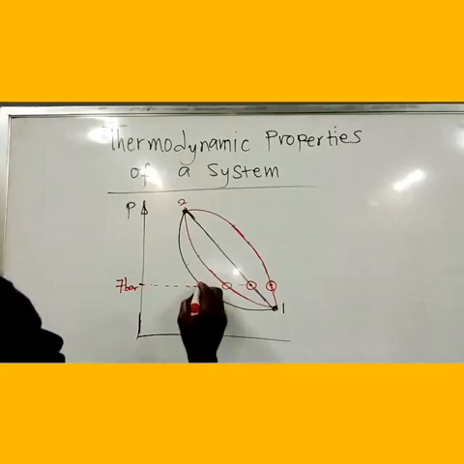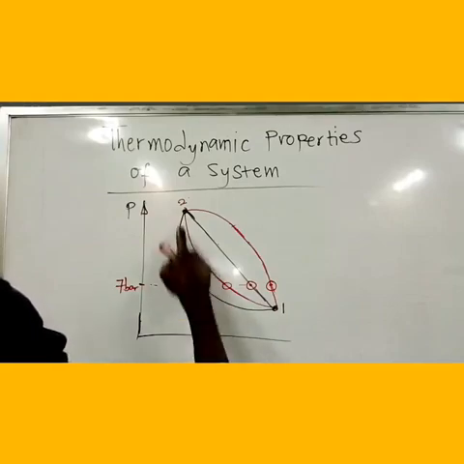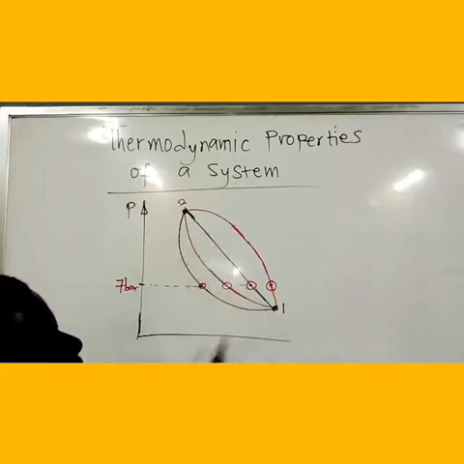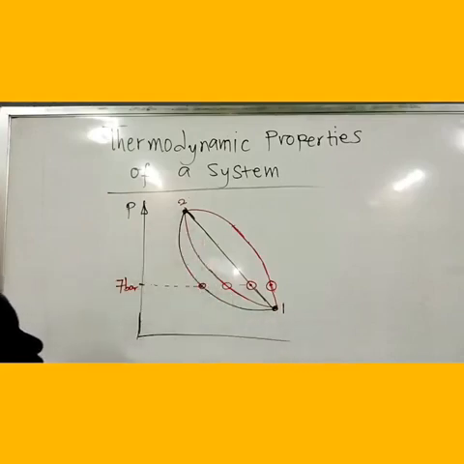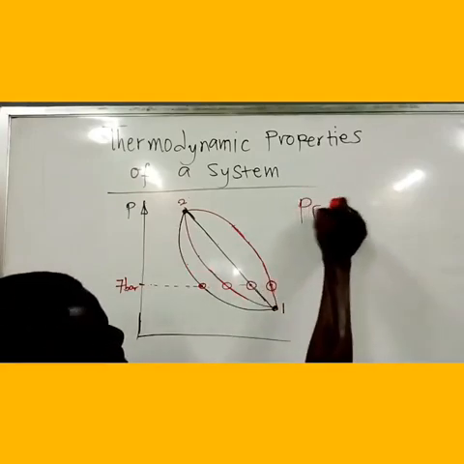Pressure at this level will be the same for this curve, the same for this, the same for this, and the same for the last. So pressure is independent of the path the fluid passes from the initial state to the final state. So pressure is a property of a system.